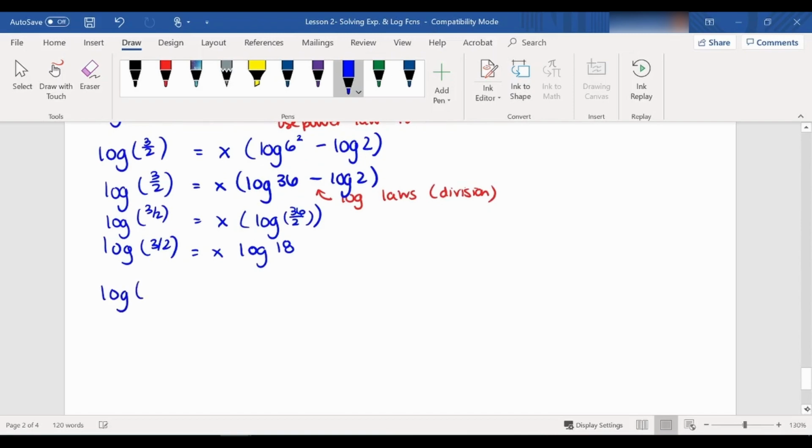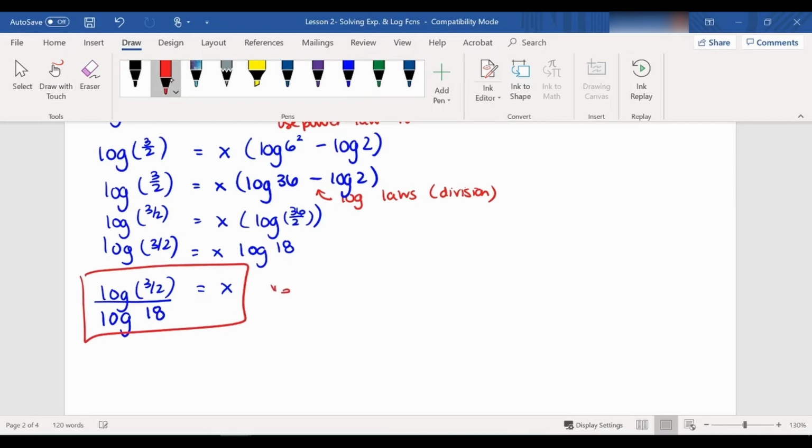So on the left, we've got log of 3 over 2 divided by log 18. And again, this would be an exact answer. You could also have log of 1.5 over log of 18. If it asked you for a decimal answer, you would plug this into your calculator and come up with an actual number.